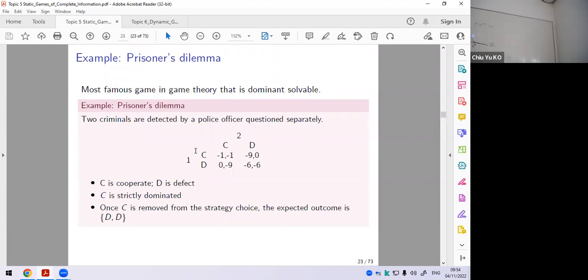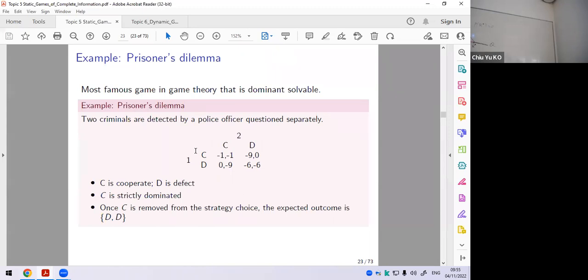Focus on player 1. If player 2 chooses C, I would choose D, which is better than C. If player 2 chooses D, D is also better than C. So D dominates C, and the same for the other player because it's symmetric. So D is the only reasonable choice regardless of what the other does, and D is chosen.